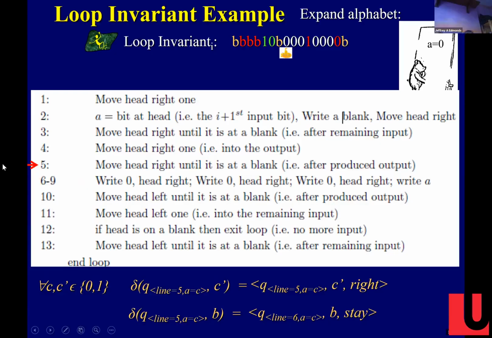Or maybe I'm at line 13, the bottom of the loop, where there's no exit, so I automatically go back to the top of the loop. What I'm saying is, know what line you're in, follow the code until the head moves, and then tell me what line it'll be in next.